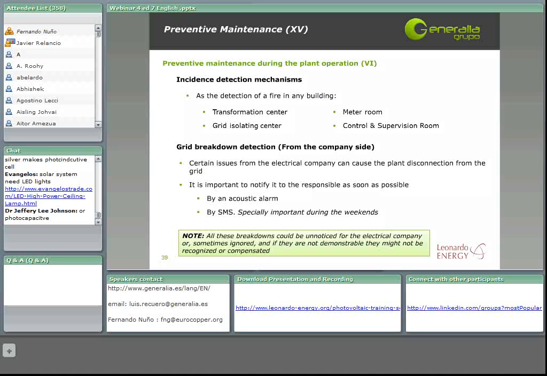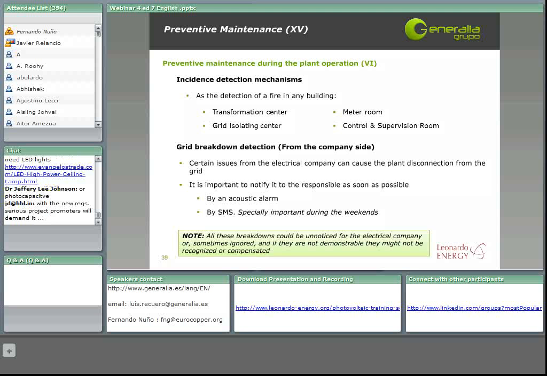And we end this chapter with the grid breakdown detection. Certain issues which normally come from the electrical company may cause the plant disconnection from the grid. This is usually a fault from the electrical company, and they should compensate it, but sometimes the breakdown can go unnoticed by the electrical company or even be ignored. And if these breakdowns are not demonstrable, they may not be recognized or compensated.